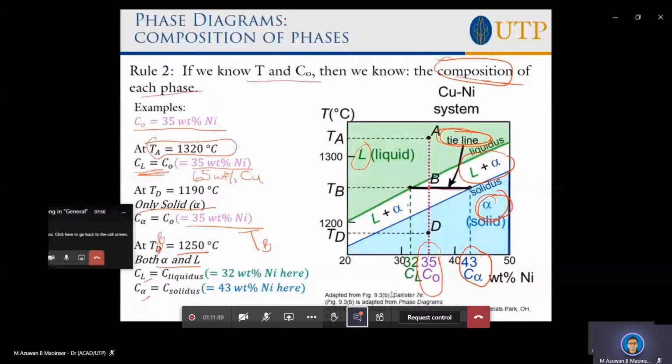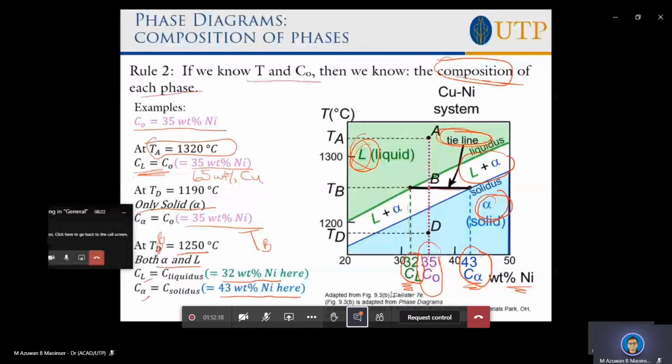If I read the composition at that point, this is 32 weight percent nickel in the liquid, because this is a region boundary with liquid. Therefore, that is the composition of the liquid. So we label it Cl, 32, C alpha, 43. So that's the answer here, 32 weight percent nickel here, 43 weight percent nickel here in solid.